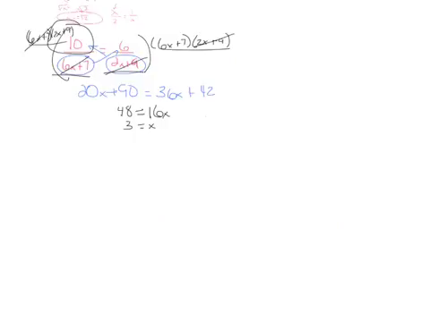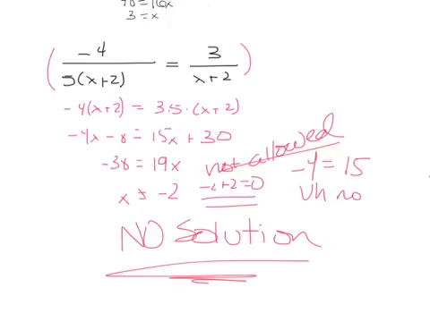I'm going to give you a moment to try and solve this next one, and then I'll show you the answer. So negative 4 divided by 5 times x plus 2 equals 3 divided by x plus 2. Okay. So we are going to somehow solve this. So we did two ways.